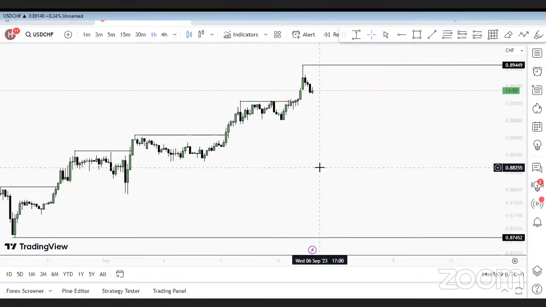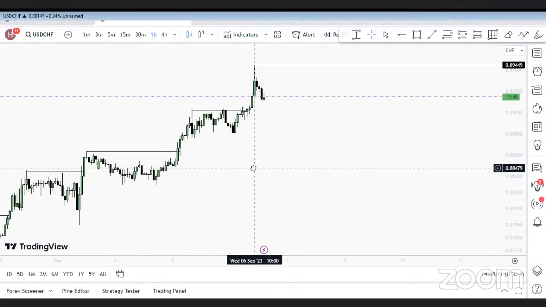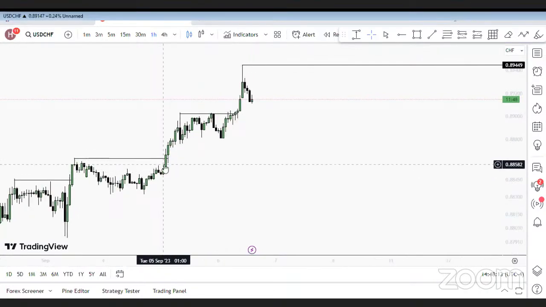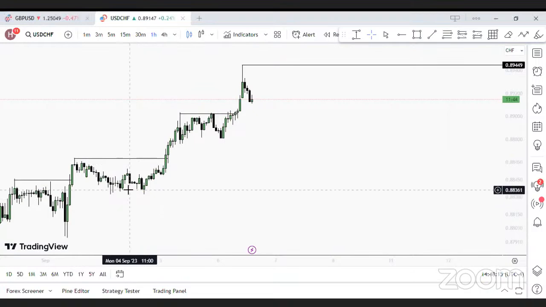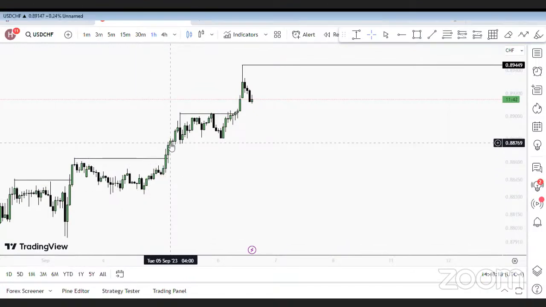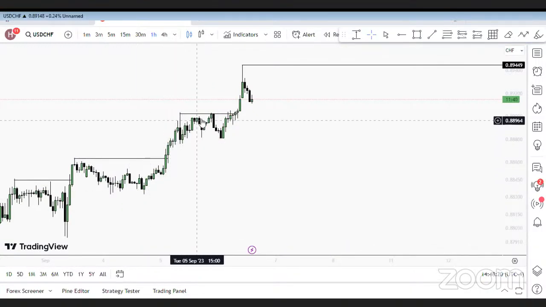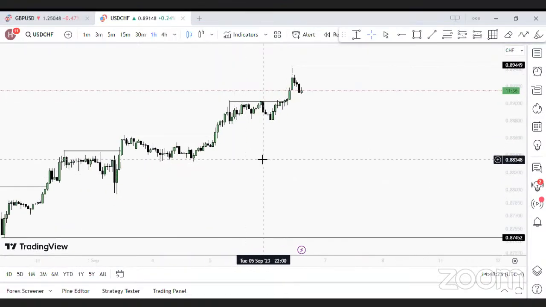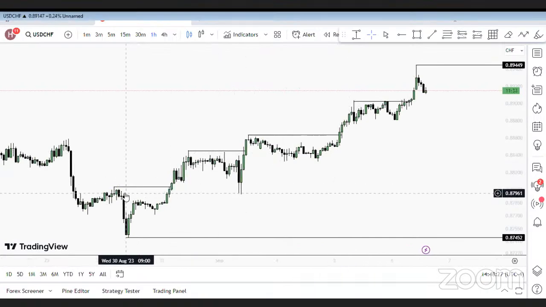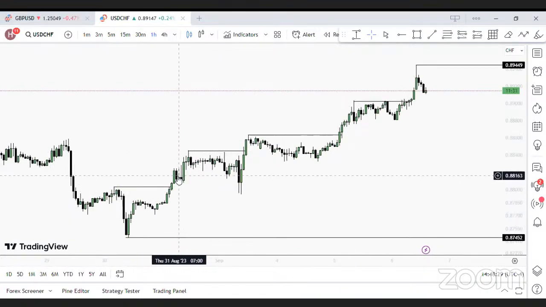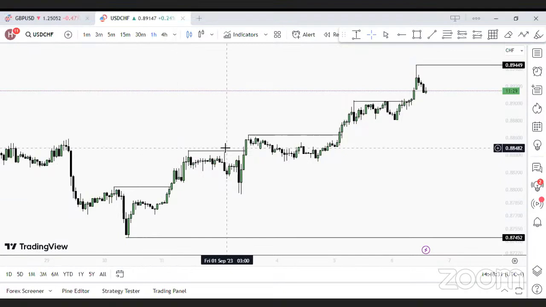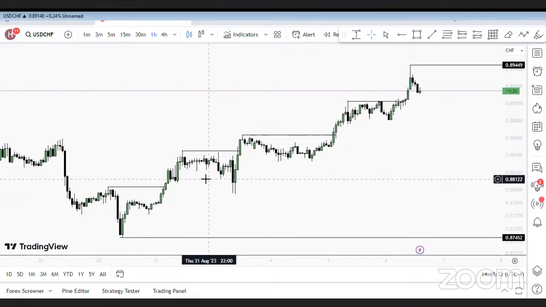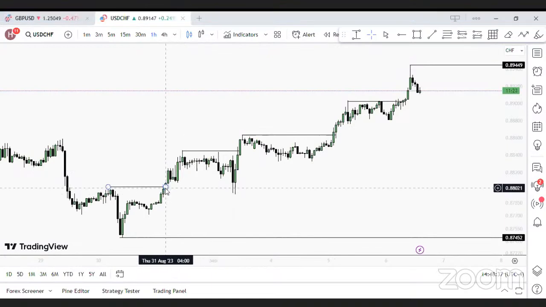What you do next is, every time the market breaks a structure to the upside, it continues to go up. So you can utilize the opportunity of every time it breaks to the upside.